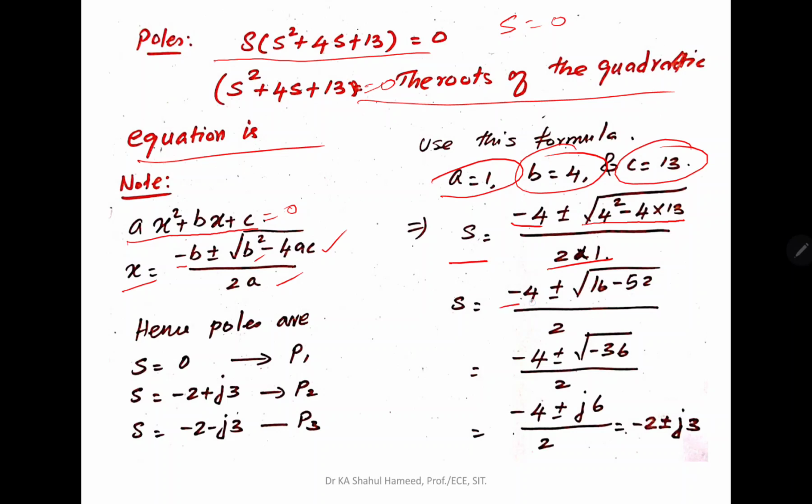So that is minus 4 plus or minus square root of 16 minus 52, which is 36, divided by 2. That equals minus 4 divided by 2 plus or minus j into square root of 36, which is 6, divided by 2. Dividing by 2, we get minus 2 plus or minus j3.